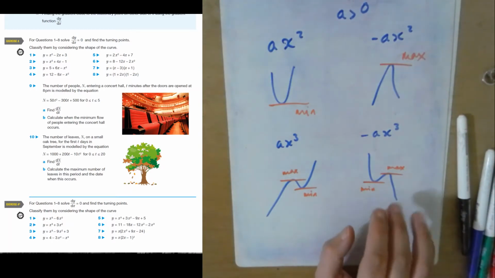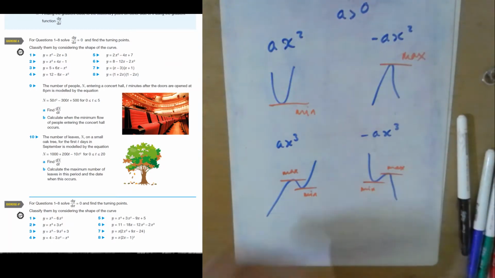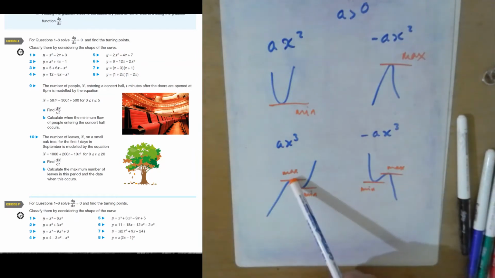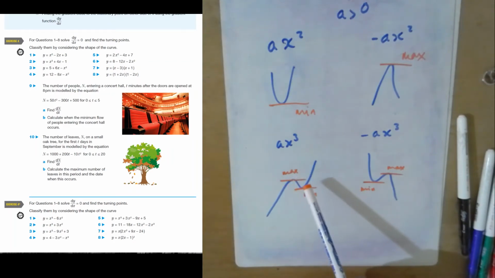Okay, so if you are running through the examples, you will notice there is another technique that they use. Rather than visualizing this and finding a turning point and knowing what type of turning point it is, they say you find a turning point, then check the gradient just a little before and a little after.